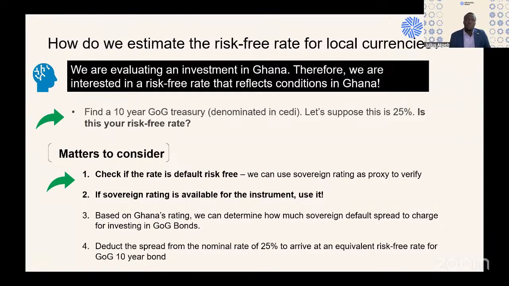So government of Ghana knows that we are not AAA rated. We are not the most credible out there. So foreign investors may not view us the same way they view the US government. So when we want to issue this instrument, let's add something to the interest rate.